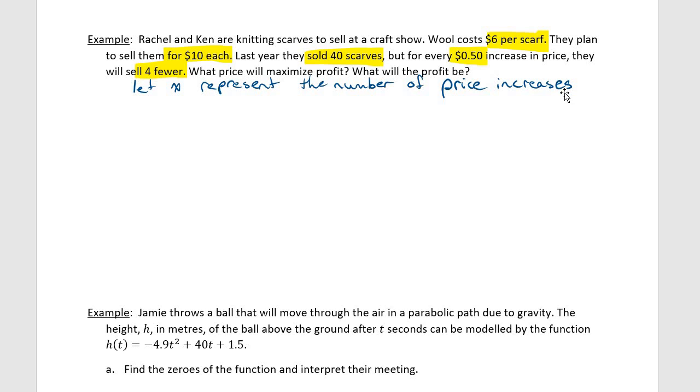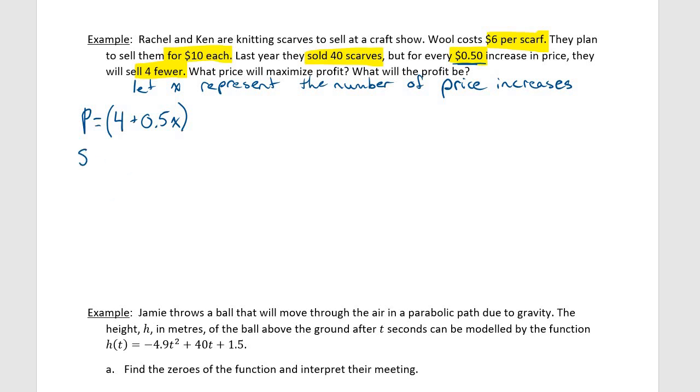One is for the profit per scarf, so let's call that our price. So our price equation in this case, normally they buy for 6, sell for 10. So normally they make $4 on each scarf, and we are going to be increasing by 50 cents. So plus 0.5 times the number of price increases.